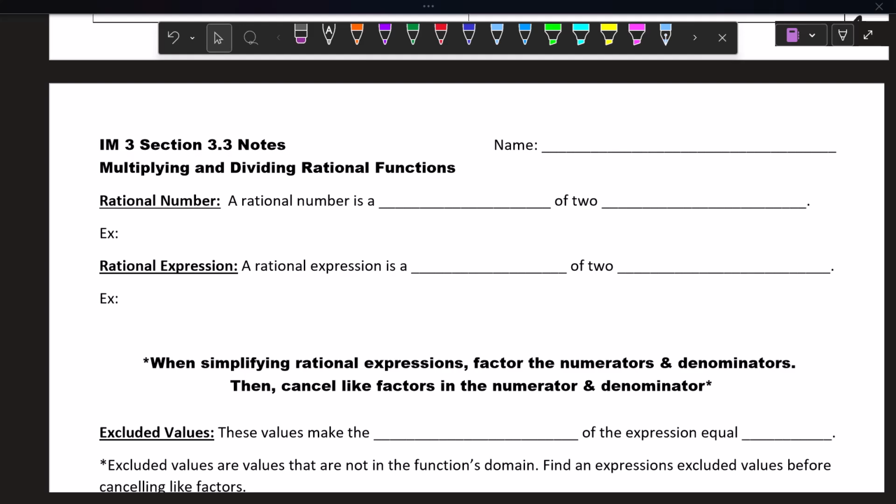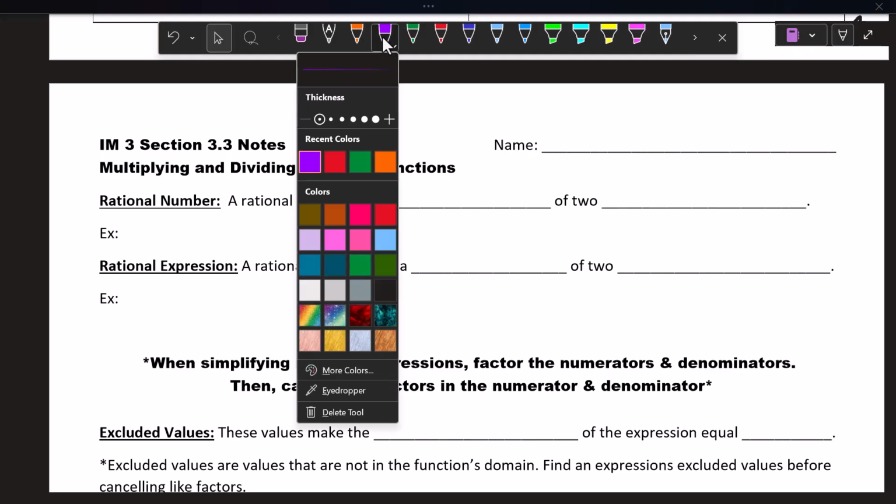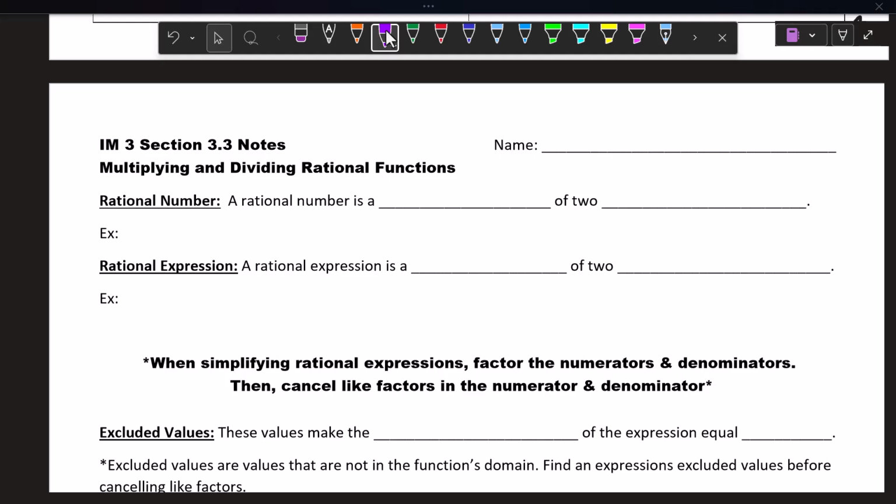We're going to take a look at section 3.3, multiplying, dividing rational functions, and simplifying. First off, a rational number is a quotient of two integers.